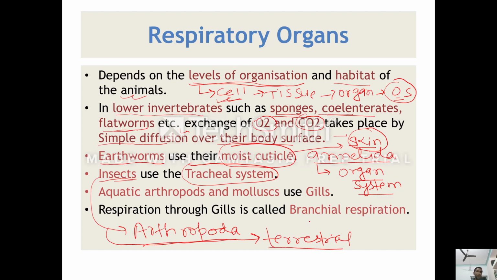So those arthropods which have a terrestrial habitat have the tracheal system as their respiratory organ.